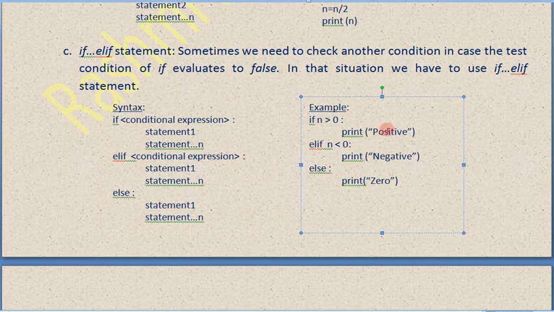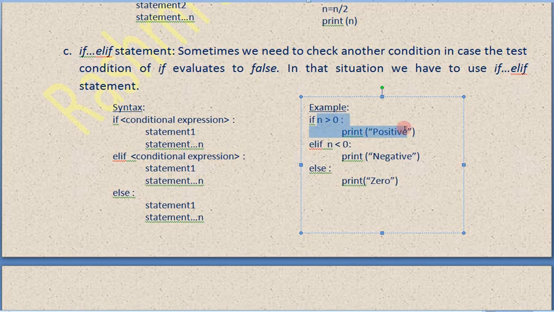Here I have given positive, negative and 0. If the value of n is greater than 0, it is going with positive. Suppose the value is not more than 0. In that case, in the elif case, it checks whether it is less than 0 or not, because the first condition is not satisfied.